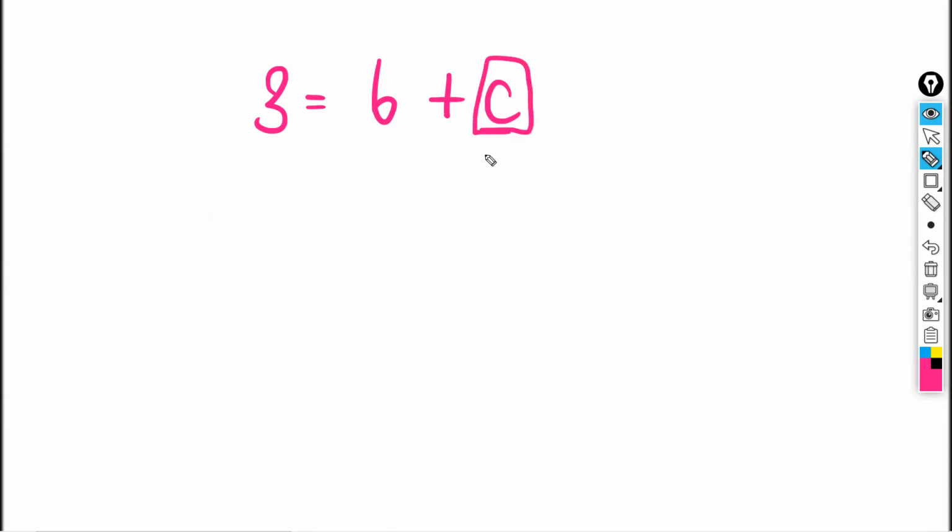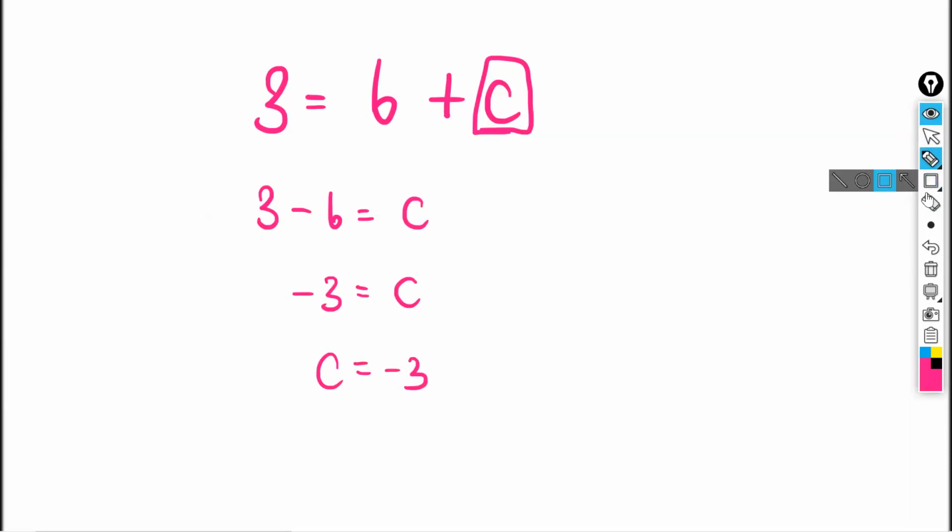Because I want my letter to be positive, I'd say 3 minus 6 is equal to positive C. And I would get negative 3 is equal to C. C is equal to negative 3. That's the way I would solve it.